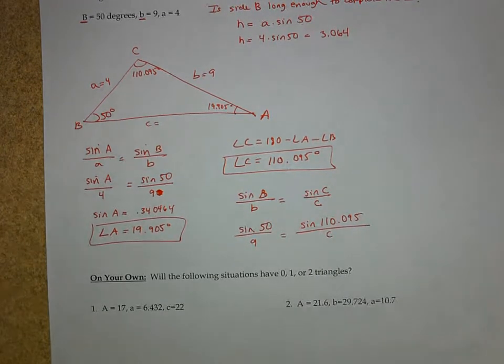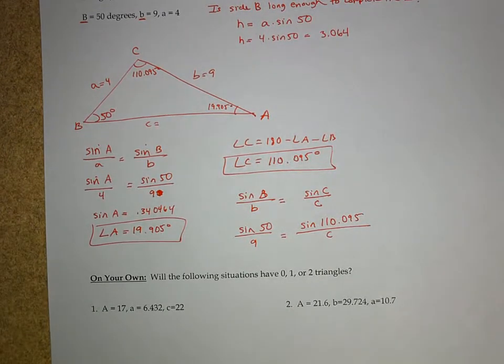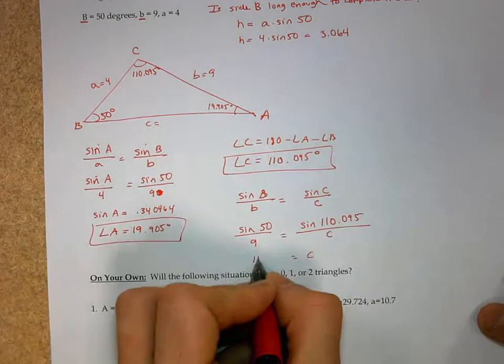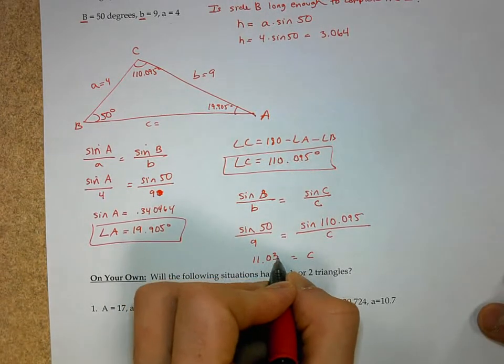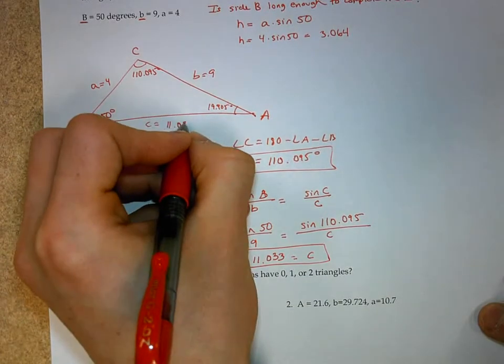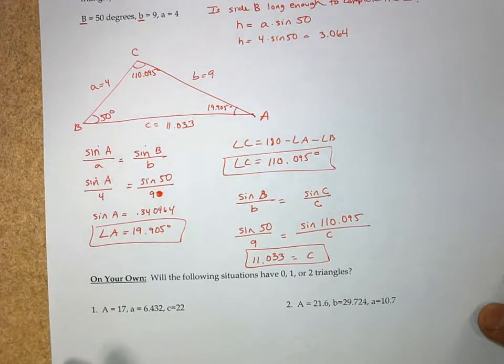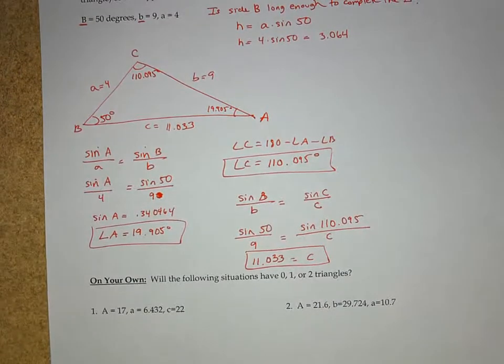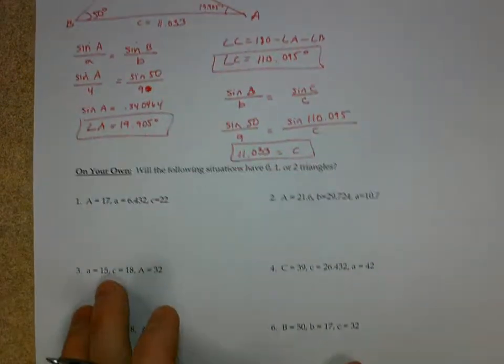So sine of 110.095 times 9, we'll divide that by the sine of 50. And we get C is equal to 11.033. So now I've solved that triangle since I found all the sides and all the angles.